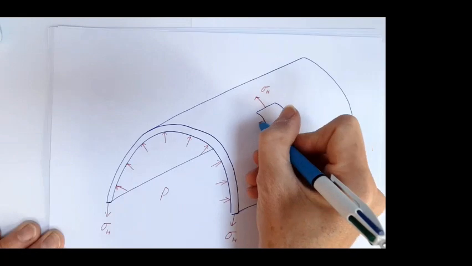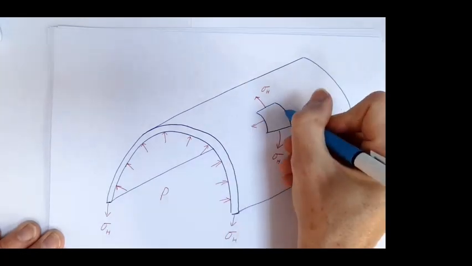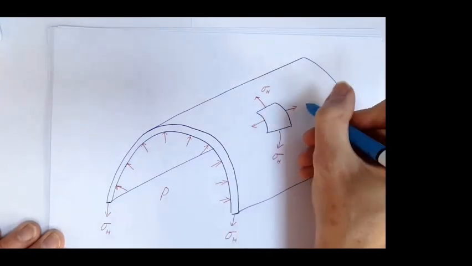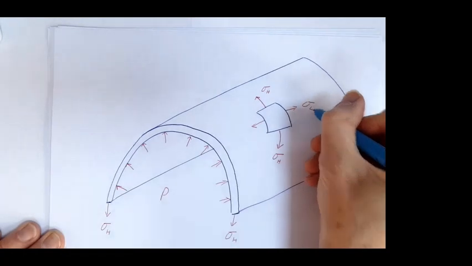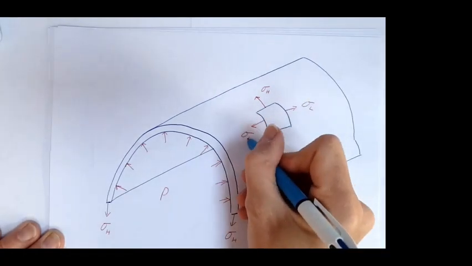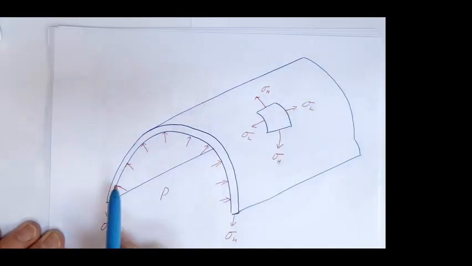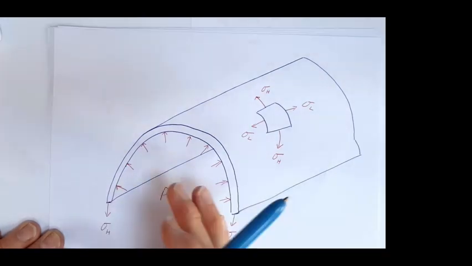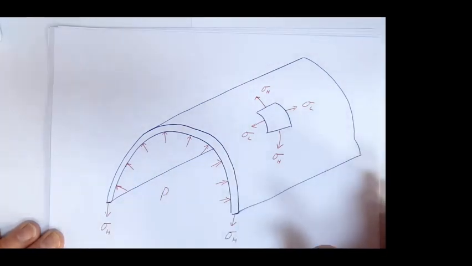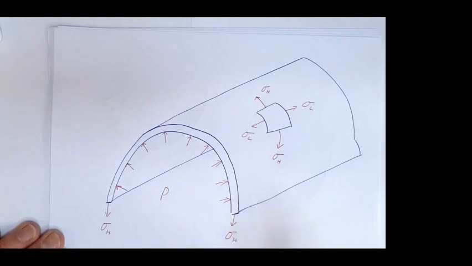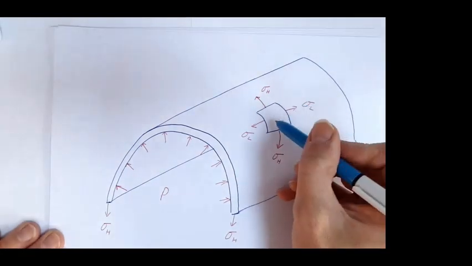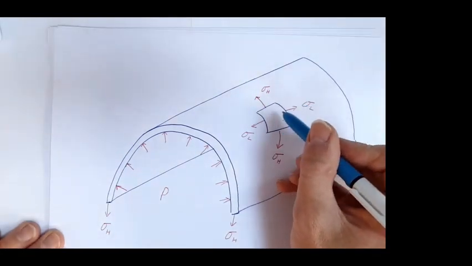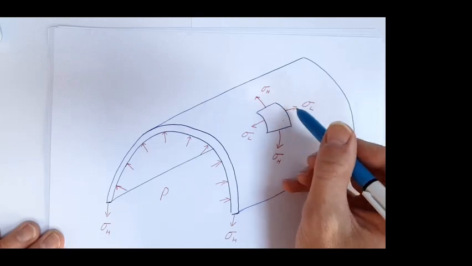We also have some longitudinal stresses, acting at 90 degrees to those. My longitudinal stresses. Those are caused by the pressure acting on the end plates of the cylinder, trying to expand the length of that cylinder. We'll calculate what those are. And there's also a stress acting out of the plane called the radial stress.